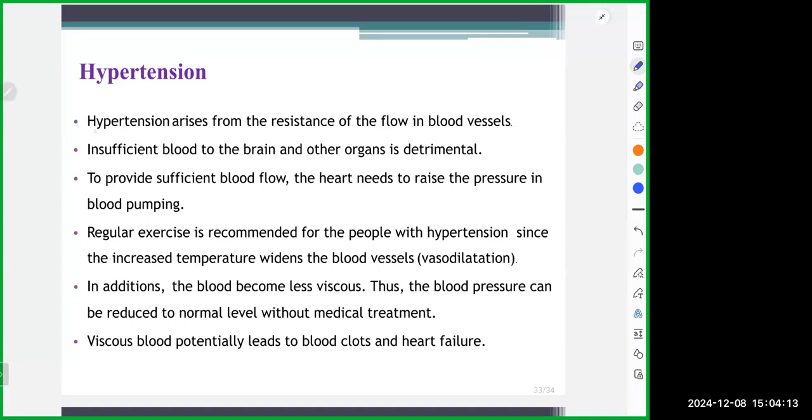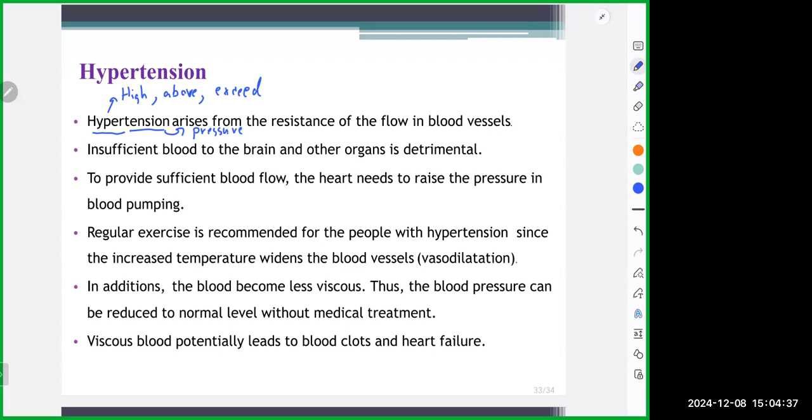The word hyper means high, above, exceed, more, something like that. Tension means pressure.